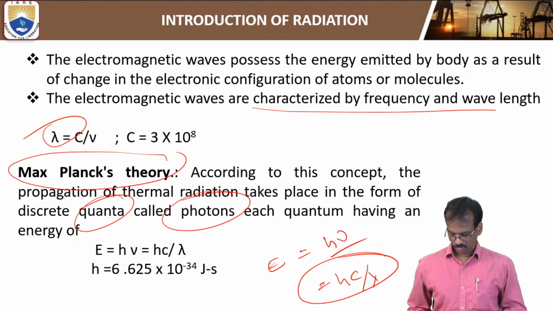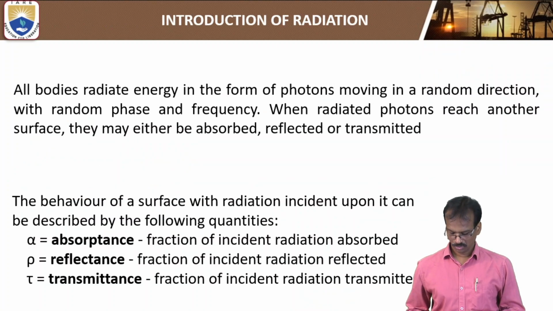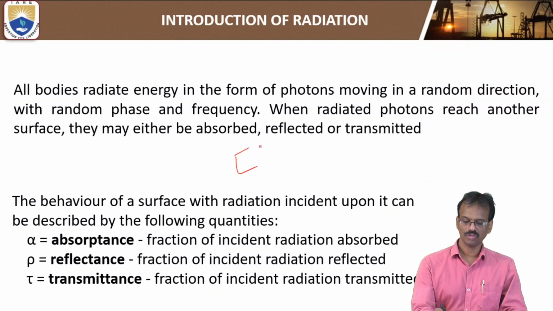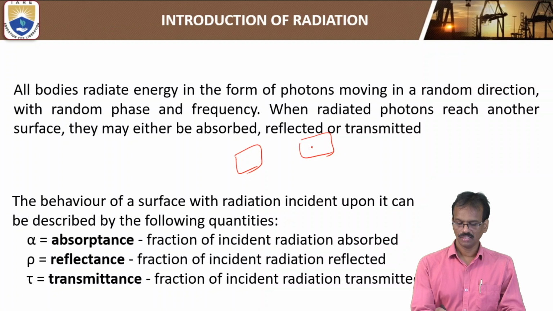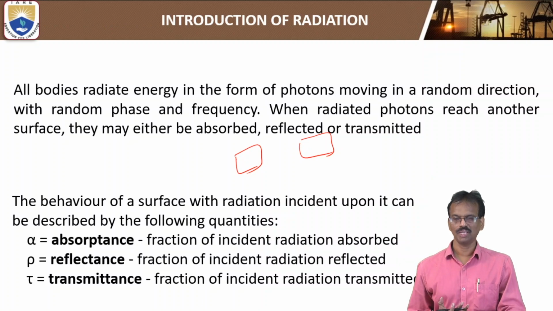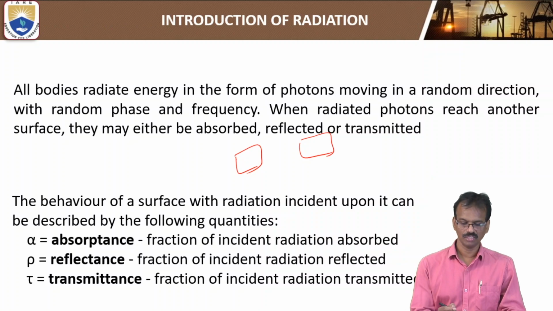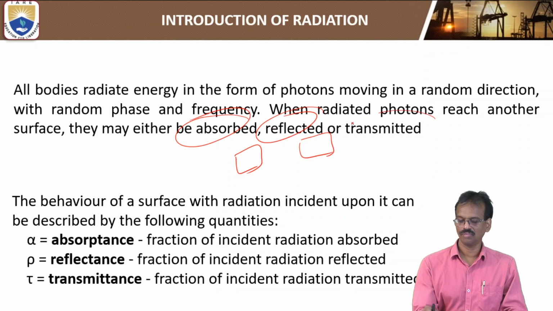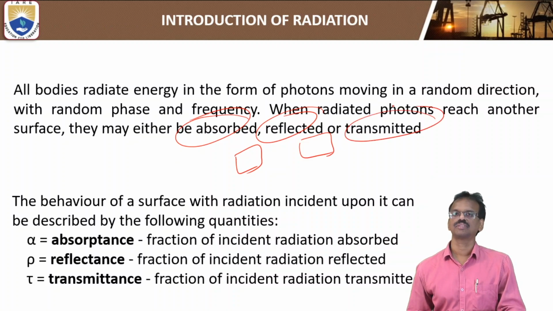You know that radiation emits from one body and reaches another body. When the radiation energy reaches the other body, three things will happen: one is absorption, second is reflection, and third is transmission. This was also explained in the previous class.